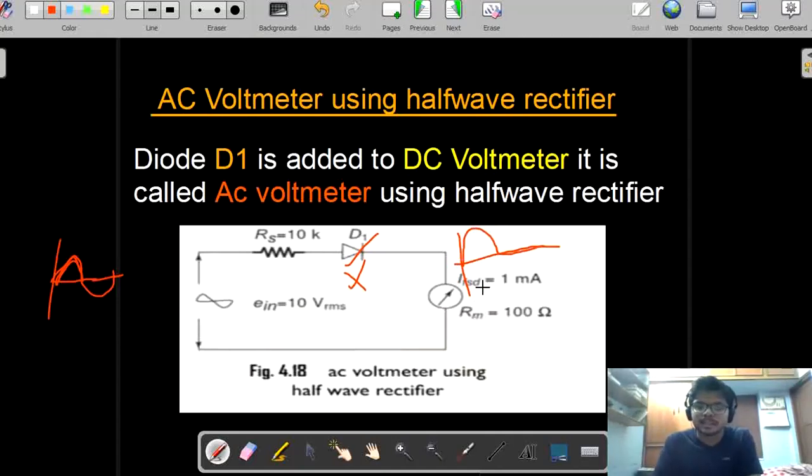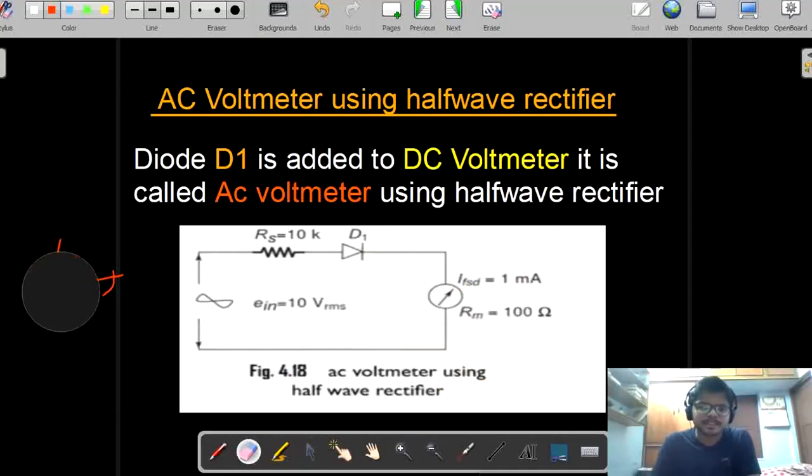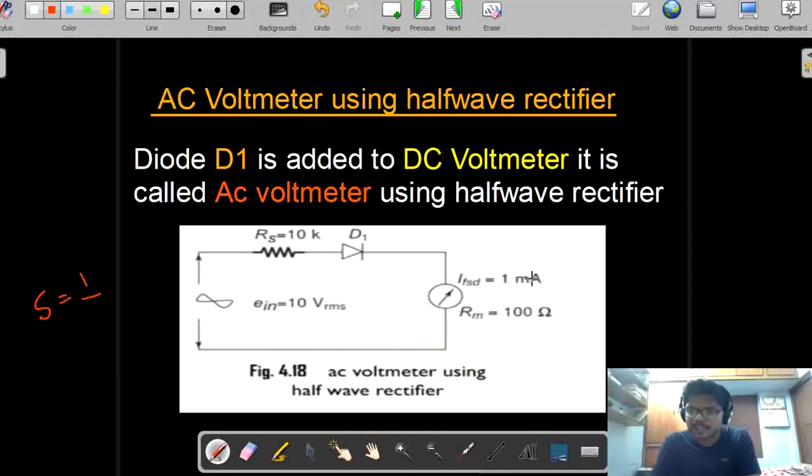Okay. See, this is called a full scale deflection current. What is full scale deflection current? It means the maximum value of current that my meter can measure. For every device there is a concept of sensitivity. How we can measure sensitivity from this diagram? See, sensitivity is defined as sensitivity equal to 1 by full scale deflection current.